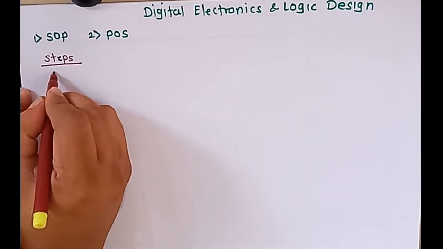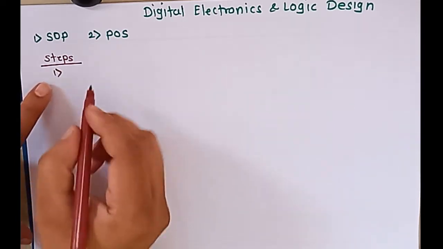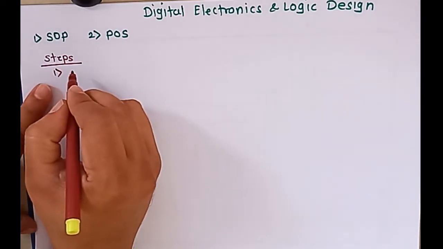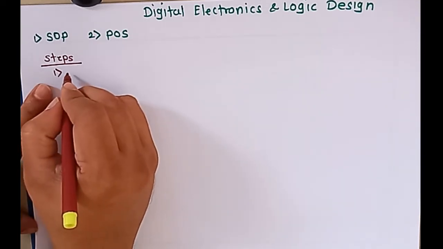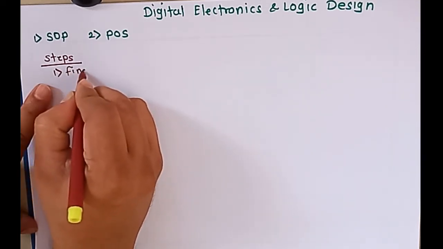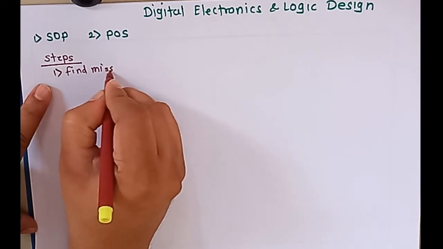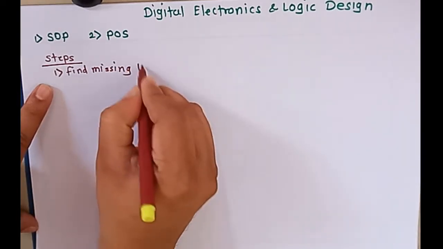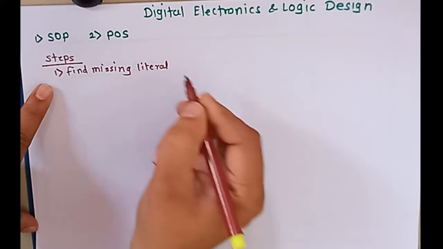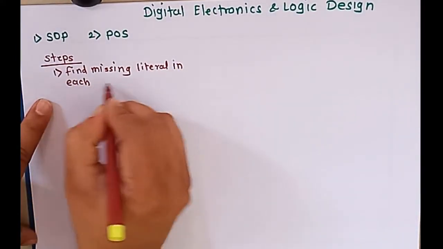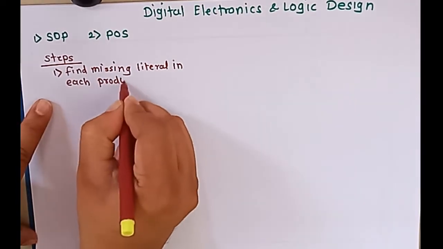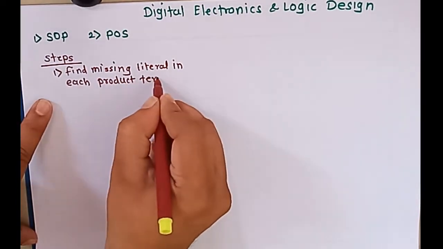The first step is to find the missing literals in each product term.